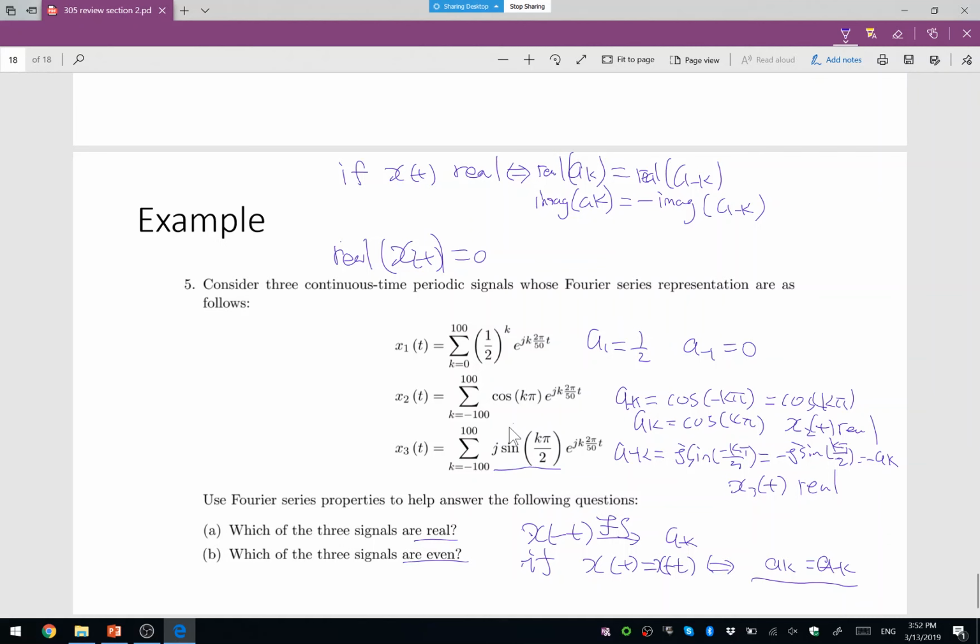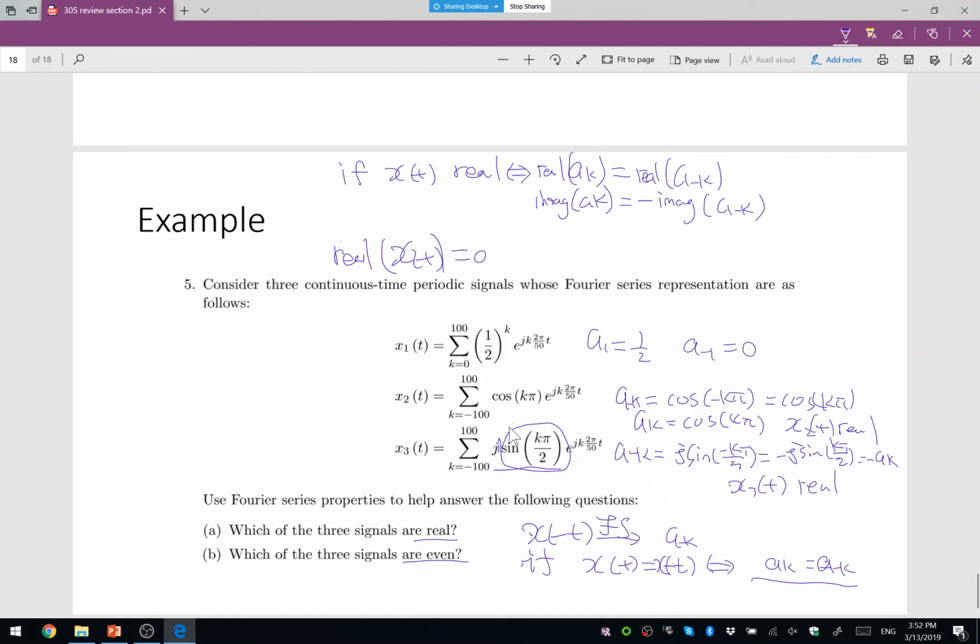You said x3 was like. So a_k in x3 is purely imaginary. Yeah, because this sine something is a real number, right? Right. So a real number times j is pure imaginary. There is no real part in this number.